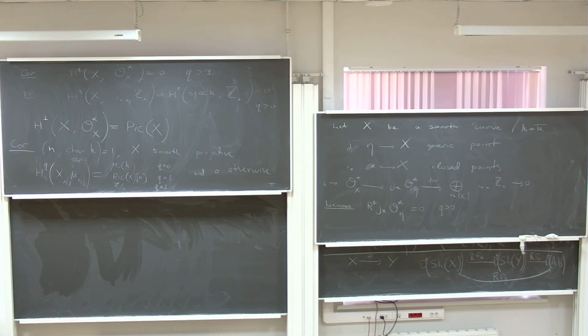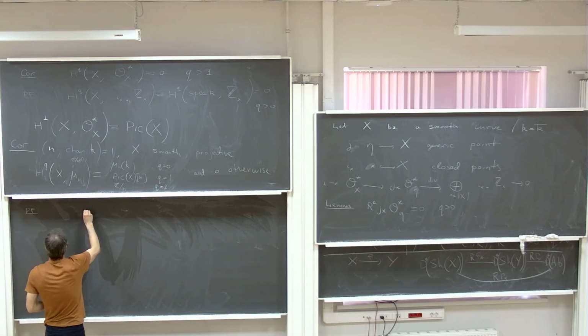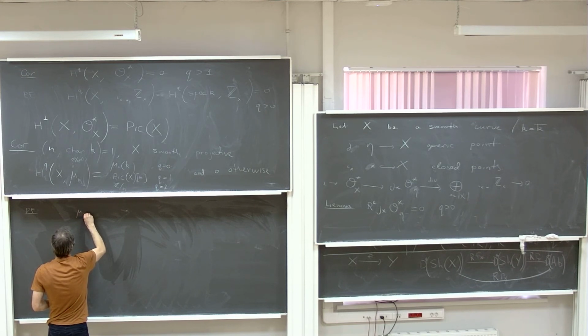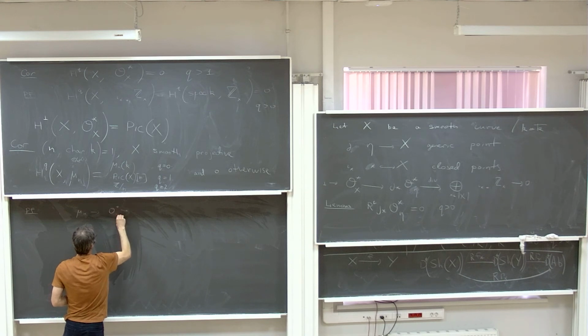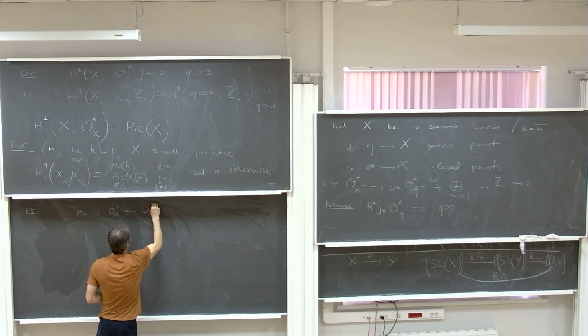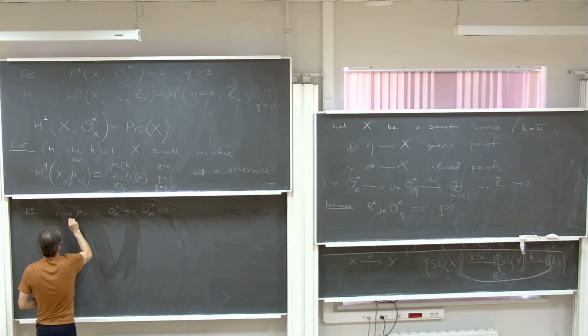So, how does it follow? Well, first of all, you use the Kummer exact sequence: O star X goes to O star X by the n-th power. This is exact for the étale topology.